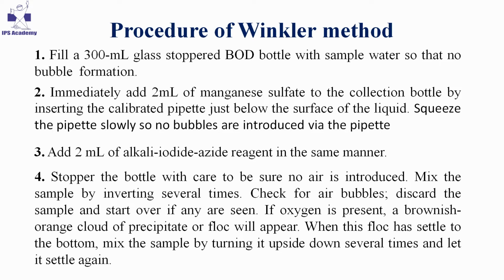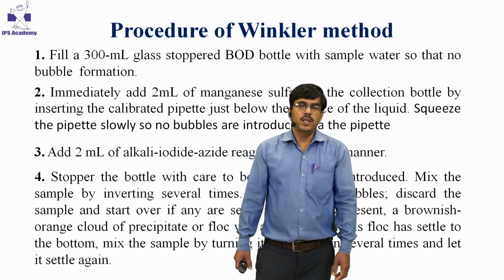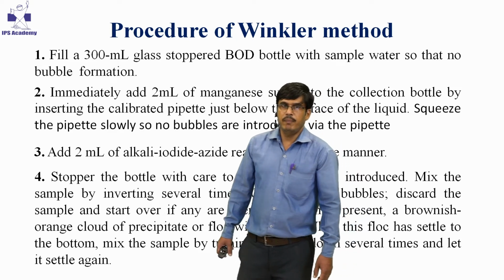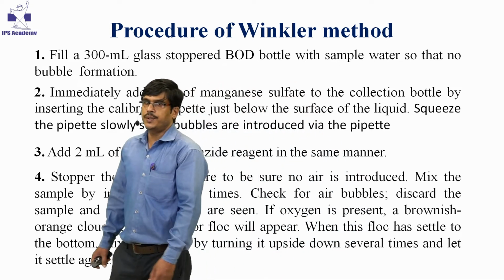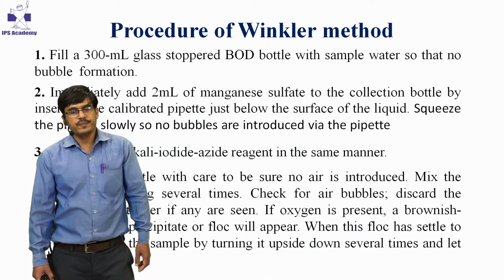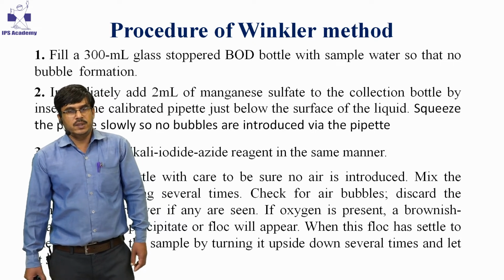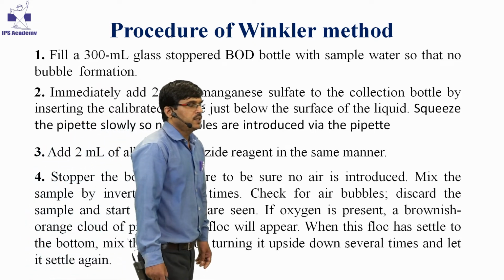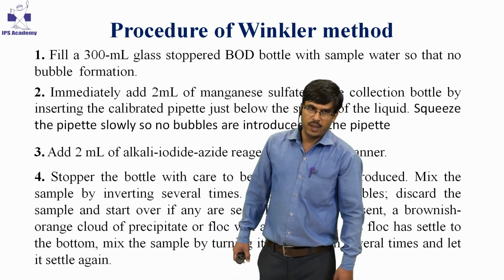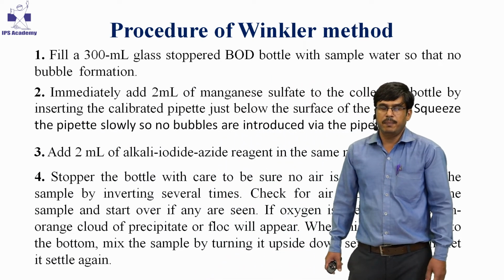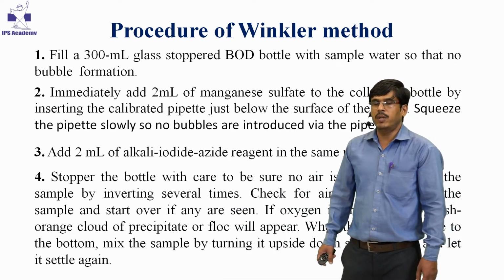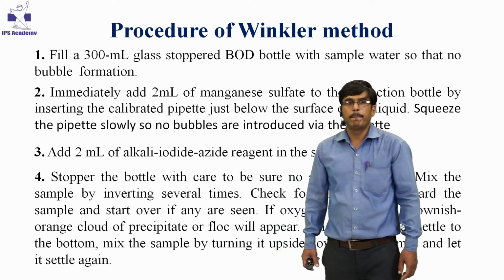After collection of water from the field, immediately we have to add 2 ml of manganese sulfate solution. This addition will fix the oxygen present in water in the form of precipitate.